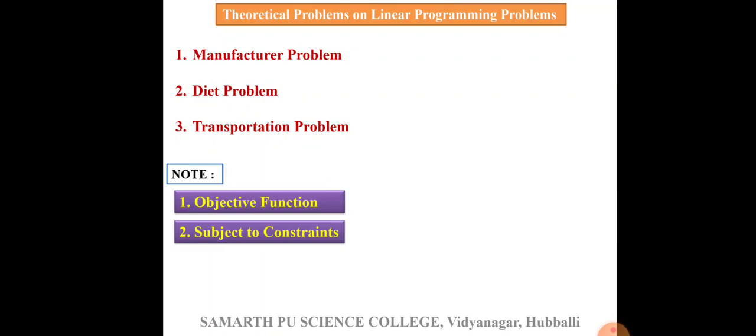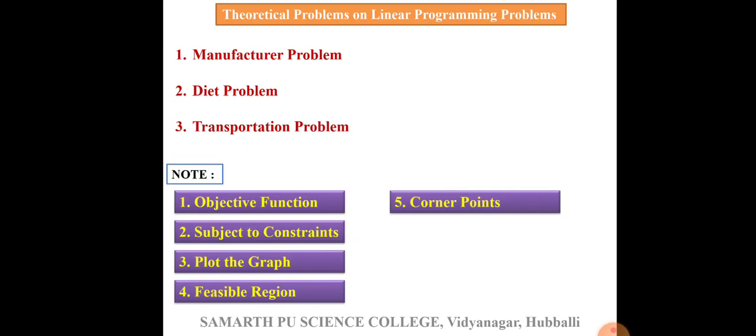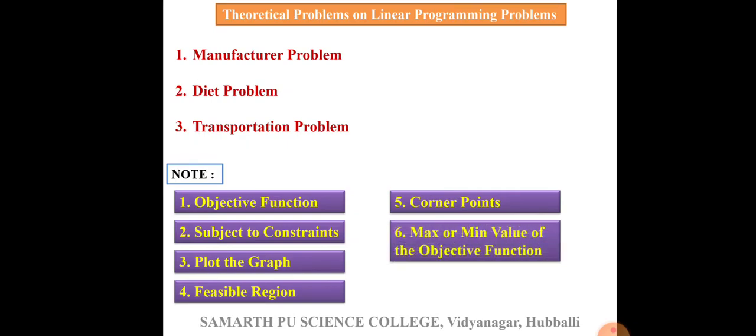Using these, we have to plot the graph. From the graph, we have to find the feasible region. From the feasible region, we have to find the corner points. And using the corner points, we find the maximum or minimum value of the objective function.